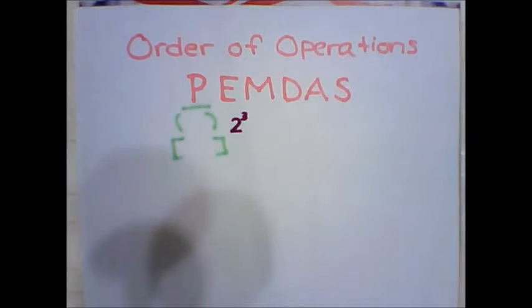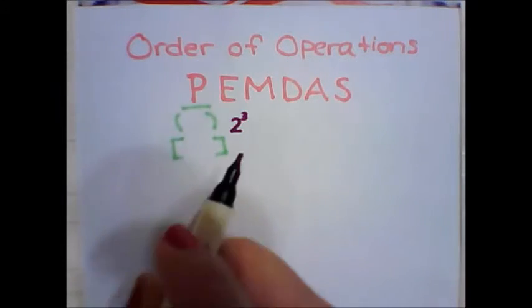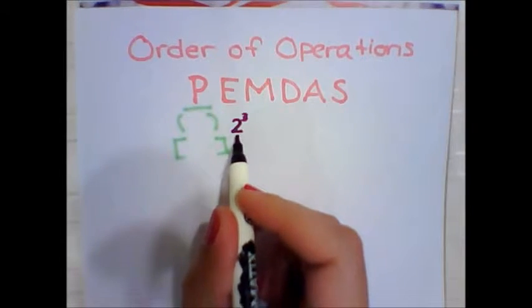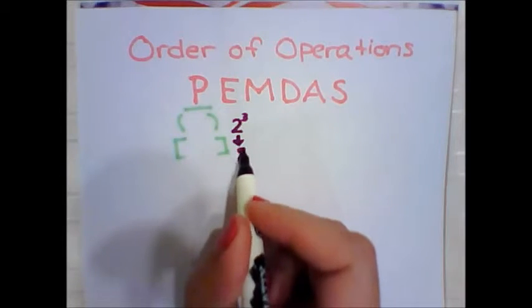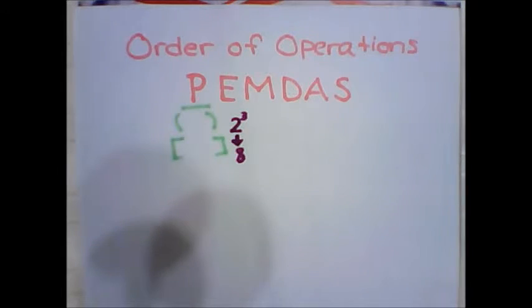All this means is that 2 is going to be multiplied 3 times. Well, we know 2 times 2 is 4, times 2 is 8. So 2 to the third power would be considered 8. Again, not going to deal with this right now, but I wanted to let you know that E means exponent, and we're going to review that later.